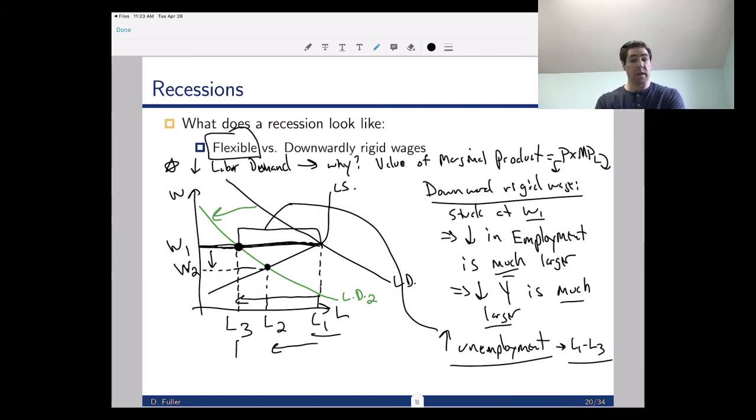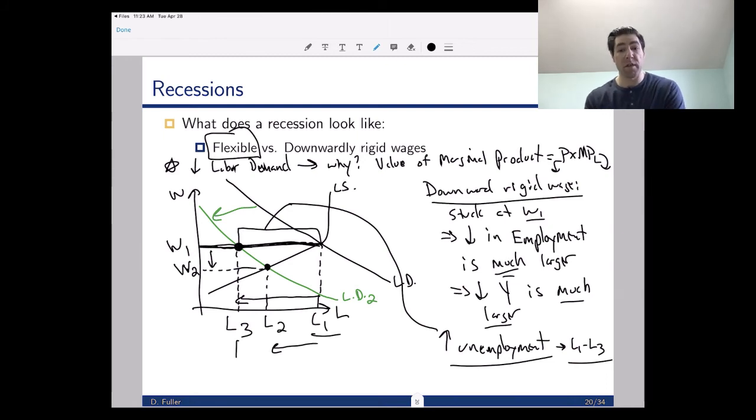It turns out that, for whatever reason, firms are hesitant to decrease wages in the sense that they would rather lay off workers than decrease wages. Why is that exactly? You can imagine a place that has two people working there. A recession decreases labor demand, so I only want to hire one worker.